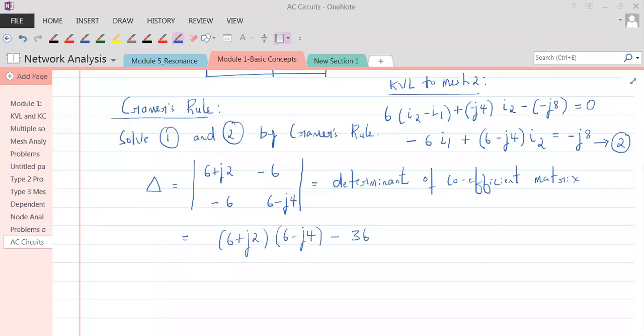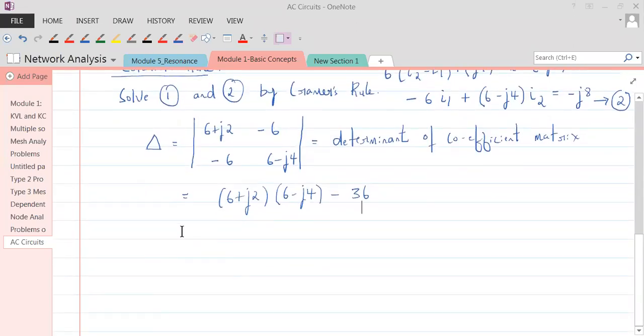So there are calculations which are not difficult now. You can use calculators for this. Not at all a problem. You can say this is going to be 8 minus J12. 8 minus J12. That is your delta.